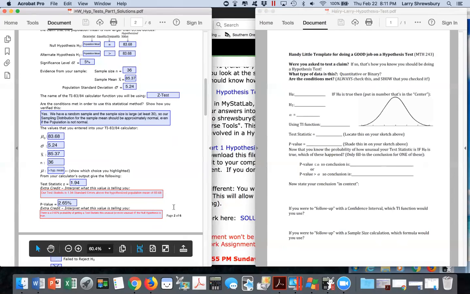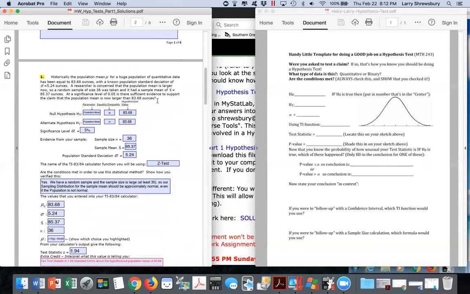And ideally, you'll put these in a sketch. Even if you don't submit the sketch, you're making the sketch. Oh, and by the way, this first one, you're actually going to use z-test and probably never get to use z-test again, because whenever it's quantitative data, we're always using t-test. But this one, you get to use z-test.